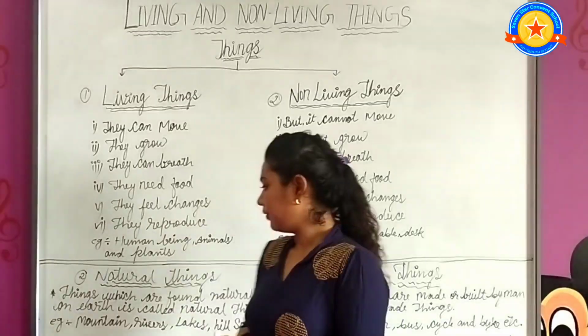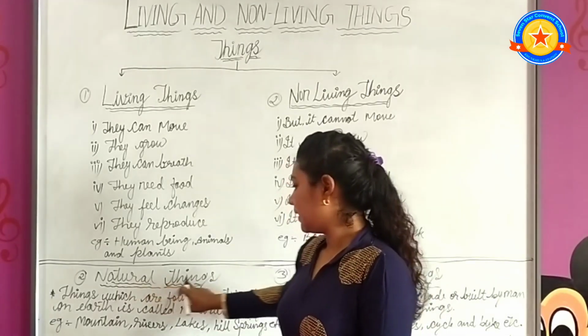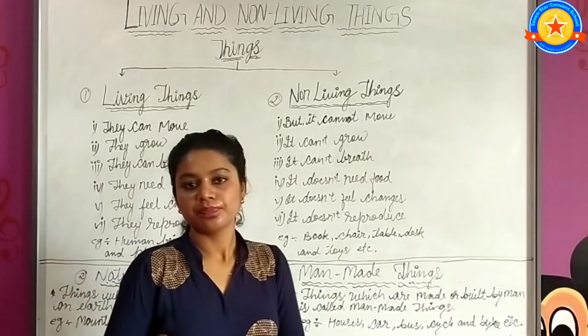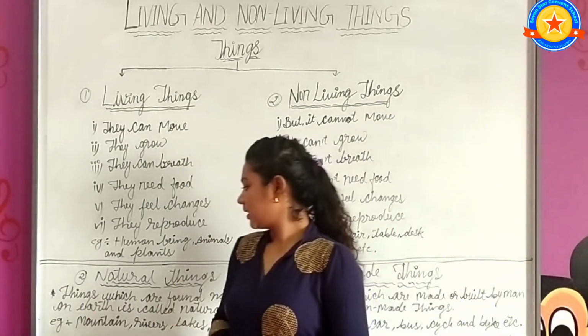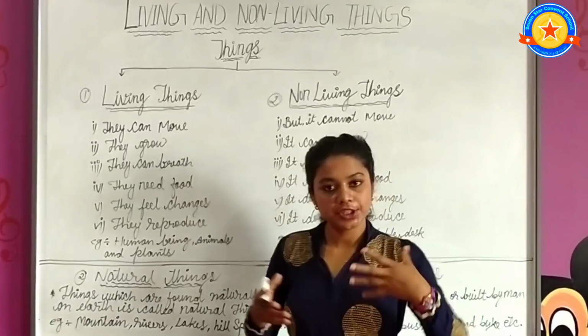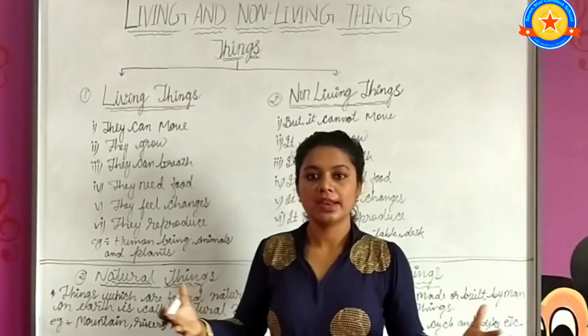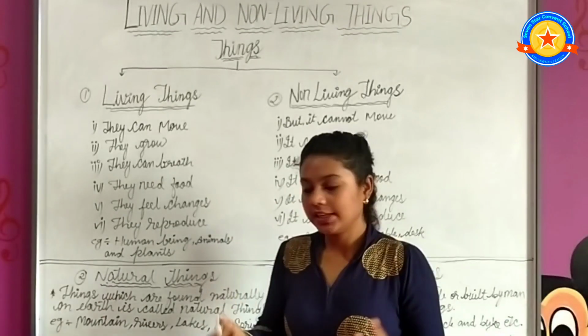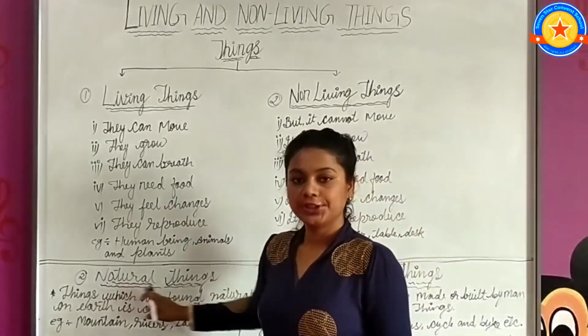Now, second we will talk about natural things, and third we will talk about man-made things. What are natural things? The things which are found naturally on earth, not made by man or anyone, are called natural things.